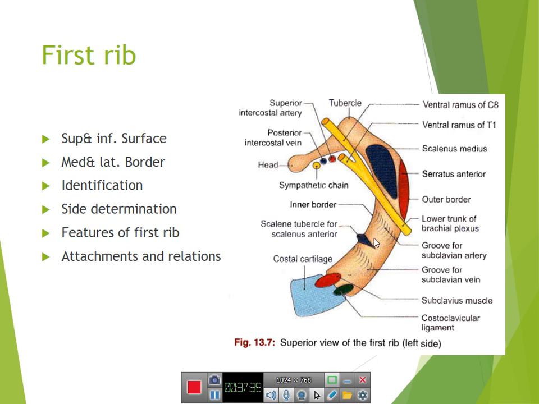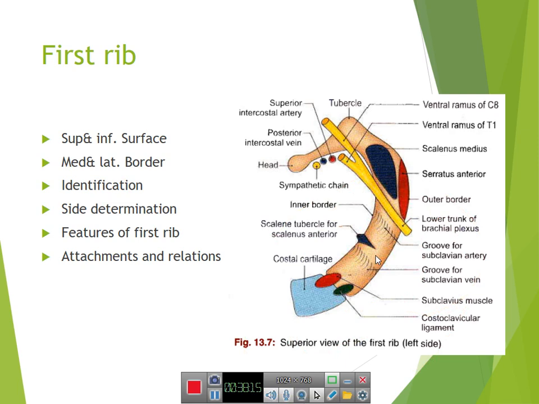The lower surface is smooth and has no costal groove, unlike typical ribs. The outer border is convex, thick behind and thin in front. And the last point about the features of the first rib is the inner border, which is concave.